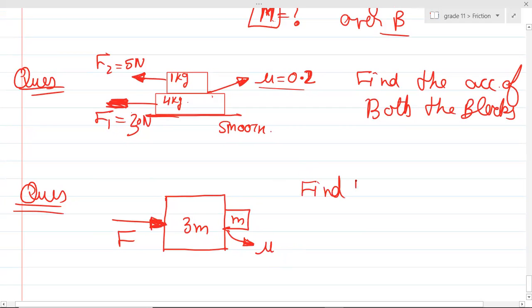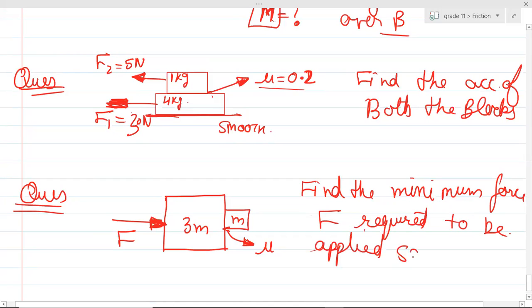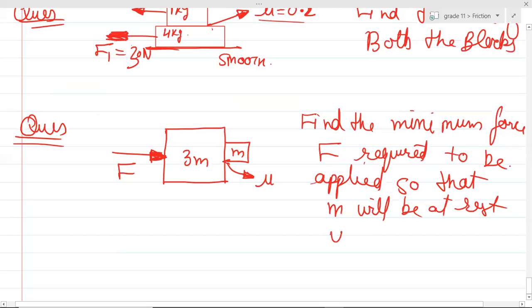Question is, find the minimum force F required to apply so that small m will be at rest with respect to the bigger block.